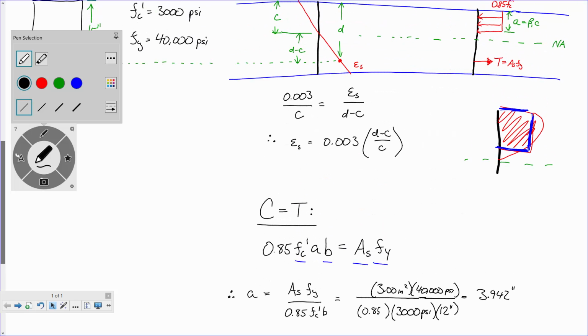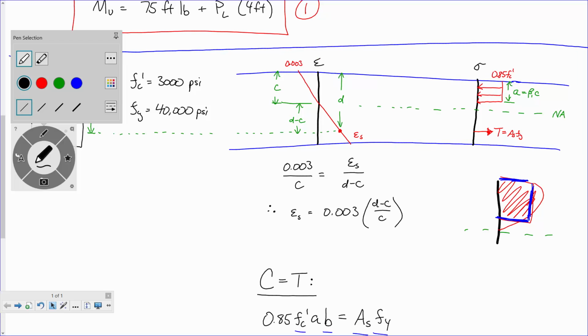So we can do a couple of things with that knowledge. So if I go back up to my stress profile, so I'm looking here in this top right corner, looking right here, okay? That a distance told us what the value of a needed to be such that C equals T. So this force and that force are identical, right?